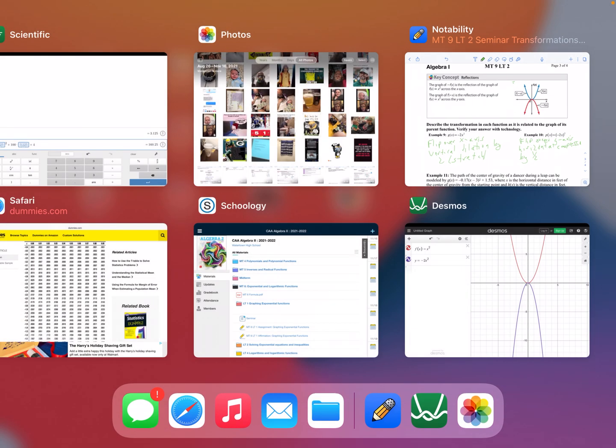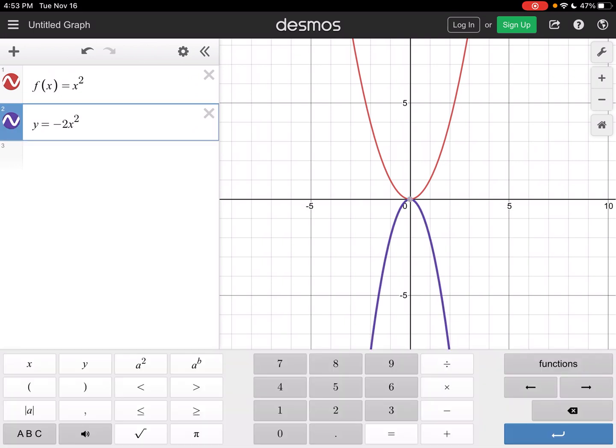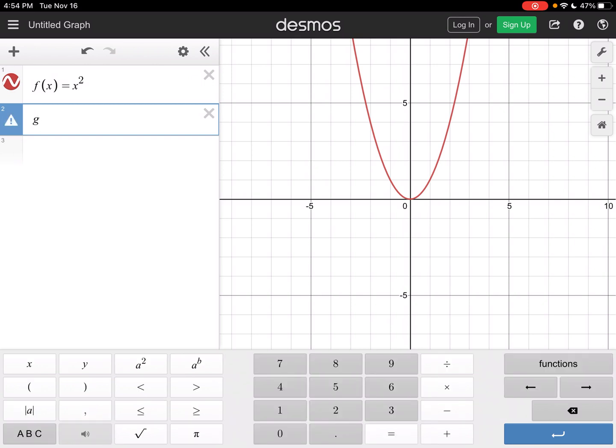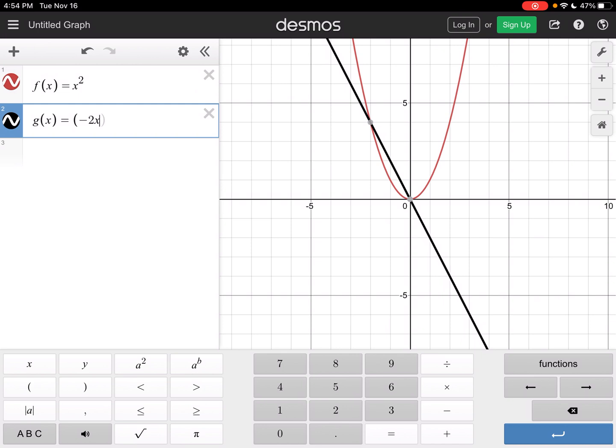I think I'll just start over here. So I'll have g of x equals, and then I go parentheses, negative 2x, close the parentheses, then I'll square that.